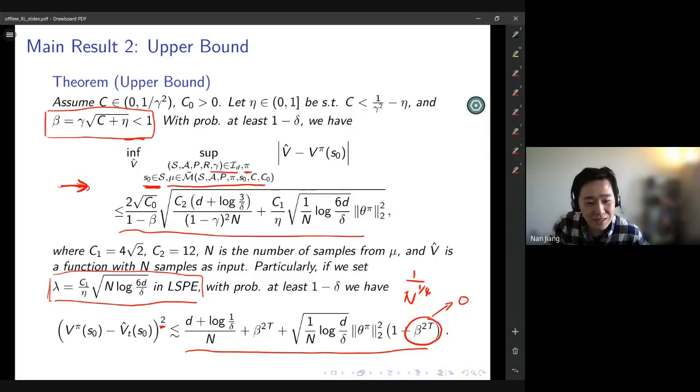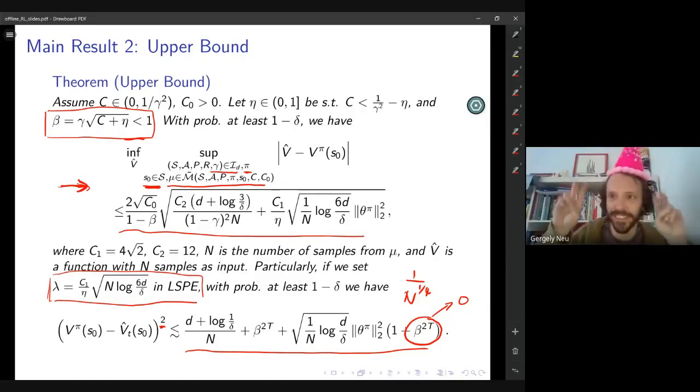This rate is achieved by LSPE with some lambda. Essentially, LSPE for any specific lambda is just a special case of the v hat, so you have the freedom to choose any lambda you want. Yeah, this is a there-exists-an-algorithm type of statement.